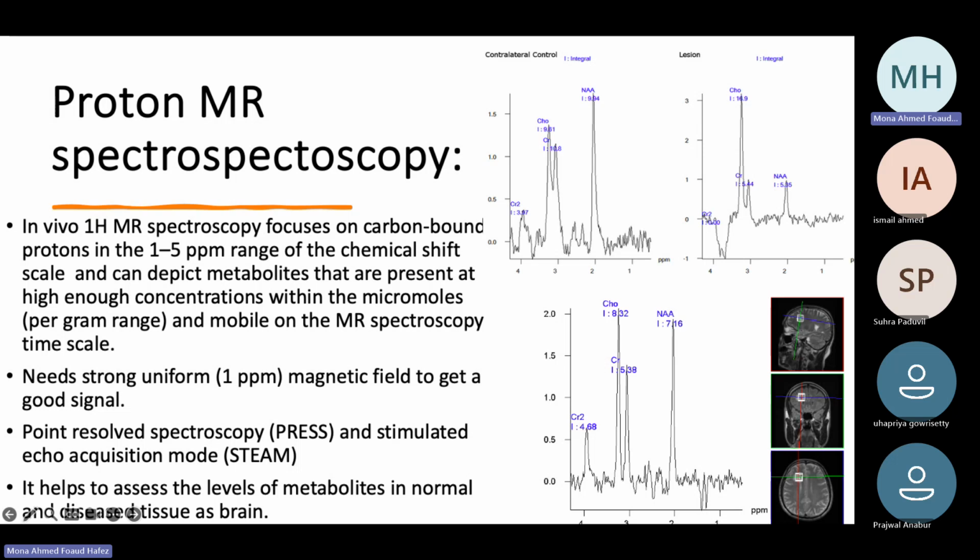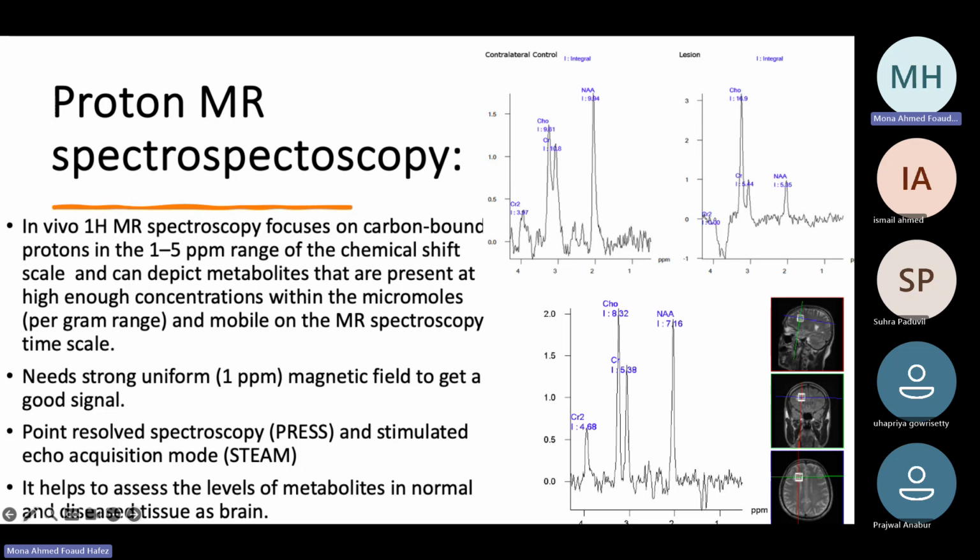This line is the most important: it needs a strong, uniform magnetic field, with 1 part per million homogeneity, to get a good signal. This is very frequent in MCQ questions: MR spectroscopy needs a uniform, high strength magnetic field of at least 1.5 Tesla.